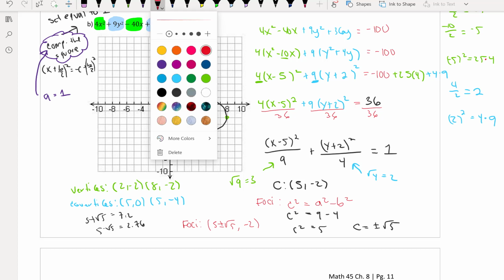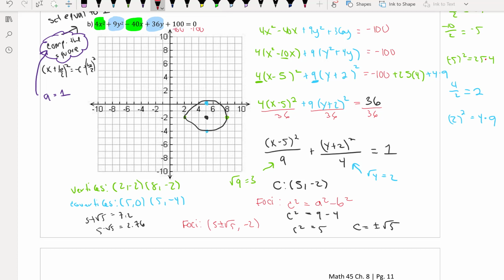So I know that my foci, since it's 5 plus or minus the square root of 5, is going to be about (7.2, negative 2). So there's my first foci. The other foci is 5 minus the square root of 5, so that's a little past 2, but before 3, and it's down at negative 2. So that is going to be my foci.